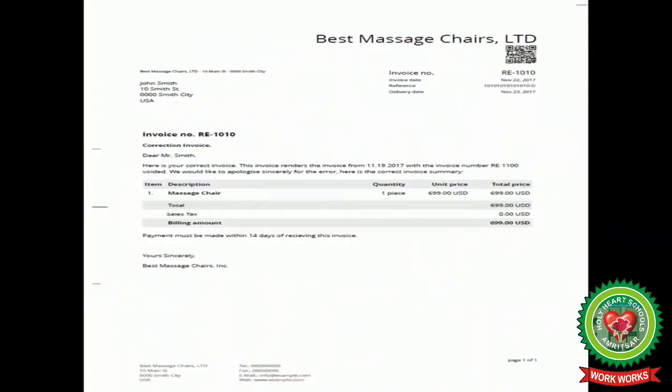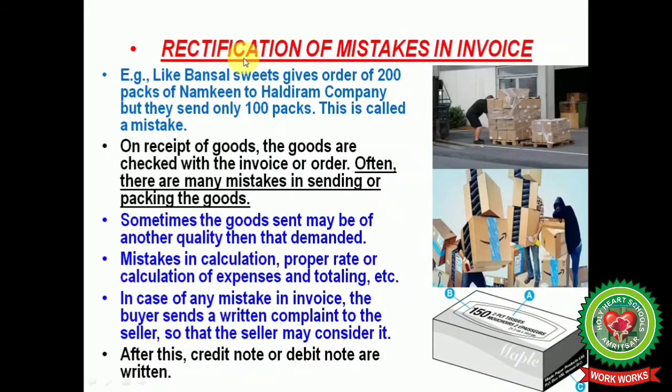After that, we have rectification of mistakes in invoice. If any mistake is written in an invoice, then a new letter is issued that is called the rectification of mistakes in invoice. For example, Bansal Sweets gives an order of 200 packs of namkeen to Haldiram company, but they send only 100 packs. So this is called a mistake, and the rectification of mistake in invoice is issued by the buyer.